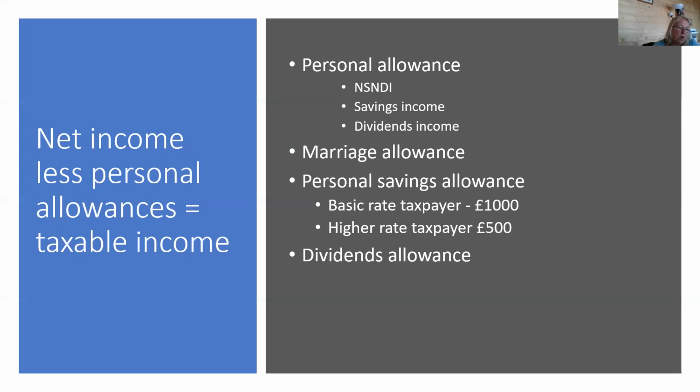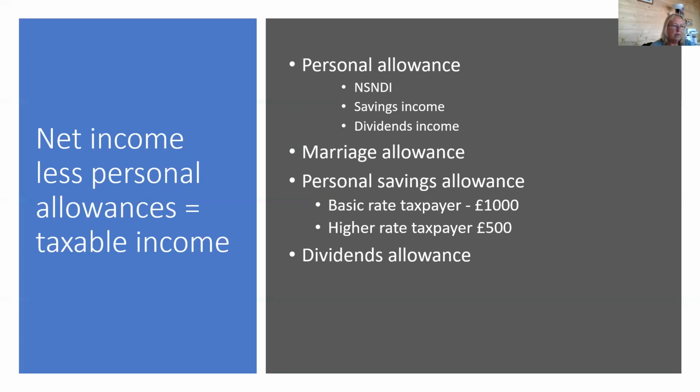Now, there are also personal savings allowances for interest and for dividends. And I've put them down there as the figures. So if you're a basic rate taxpayer, there's £1,000 for interest and £500 if you're a higher rate taxpayer, and then the dividend allowance is £2,000, no matter what type of taxpayer you are.